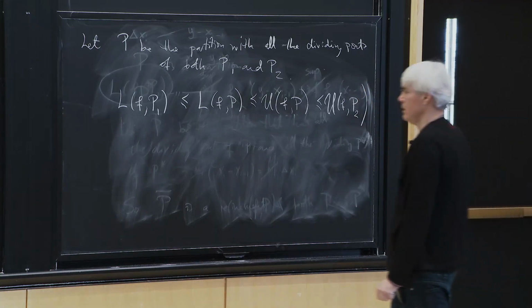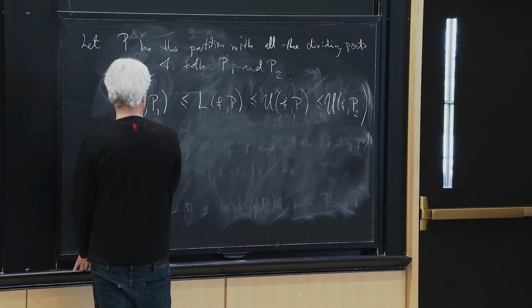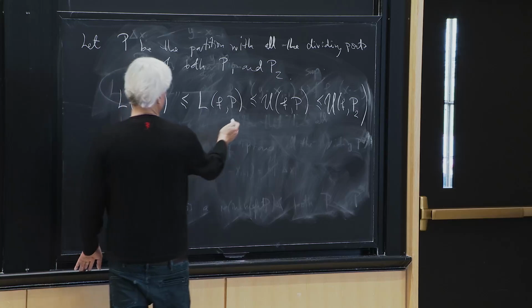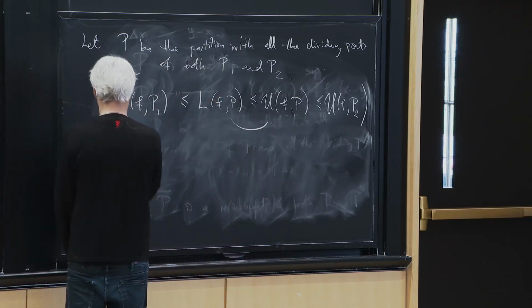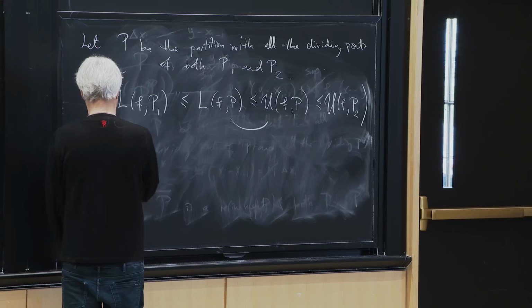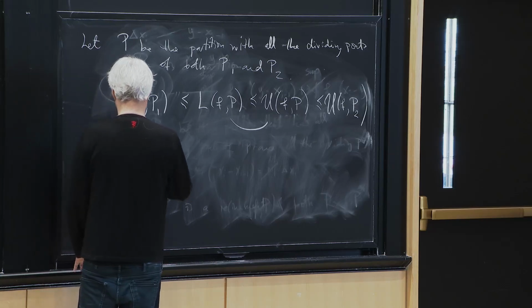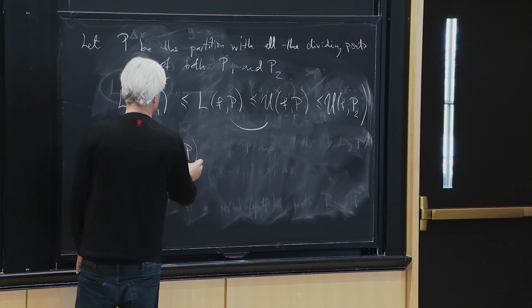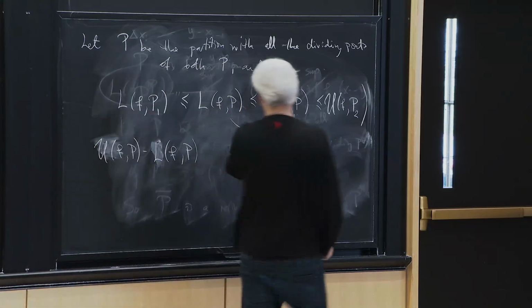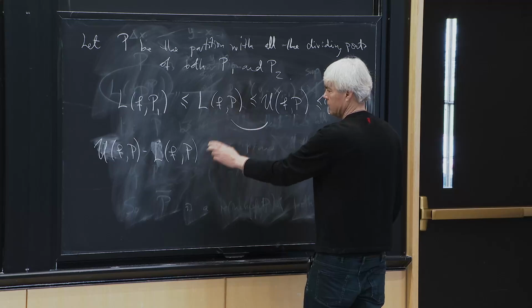Now you see that the difference between these two numbers, U(f,P) minus L(f,P), is bigger than that, so if you take this and subtract this, you're getting something non-negative.